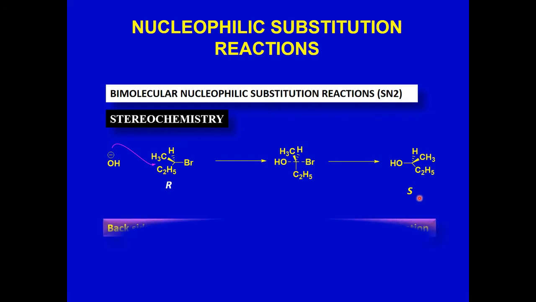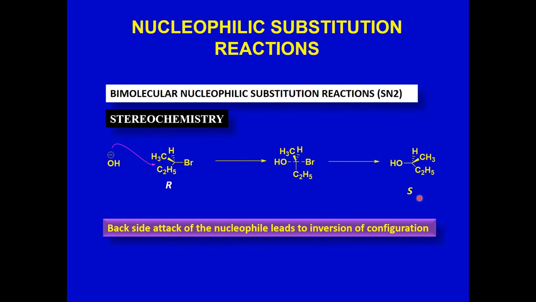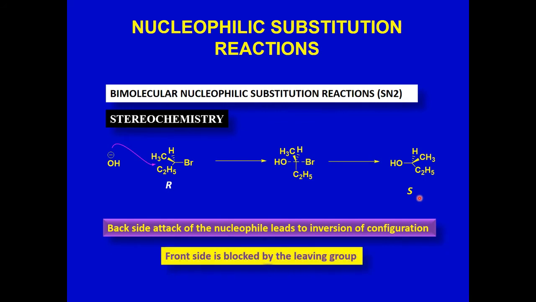And so we say that we have inversion of configuration. Such type of inversion of configuration is known as Walden inversion. And this Walden inversion happens because the front side is blocked by the leaving group and this nucleophile only has the back side to attack, leading to a molecule with inverted stereochemistry.